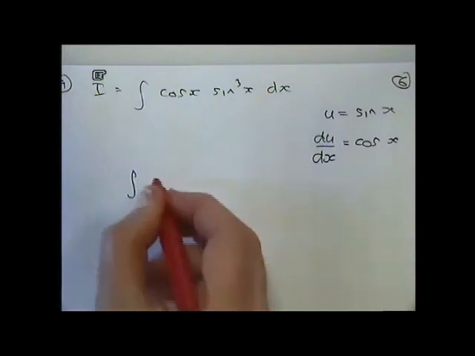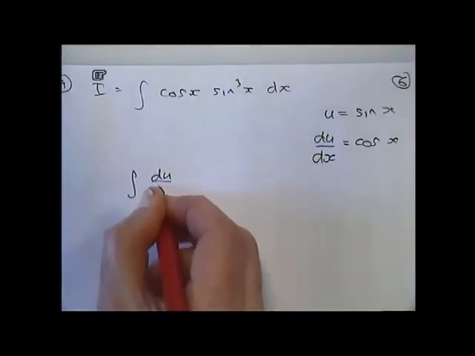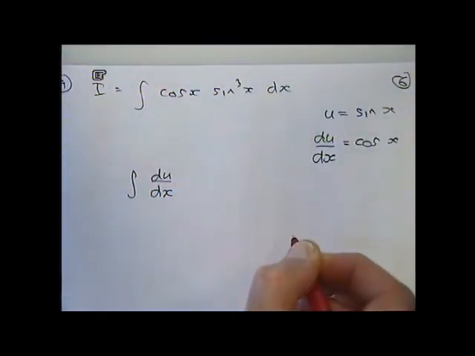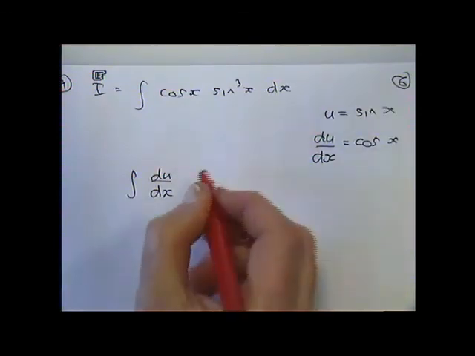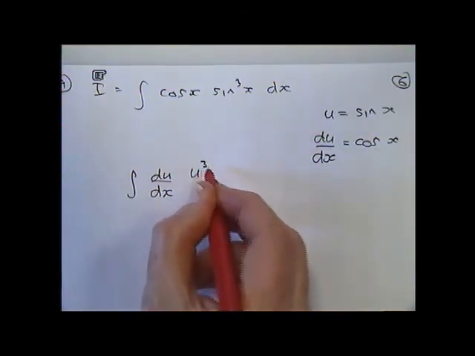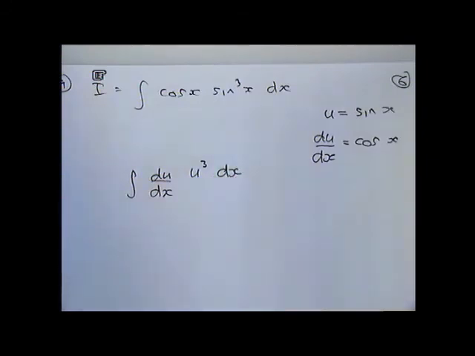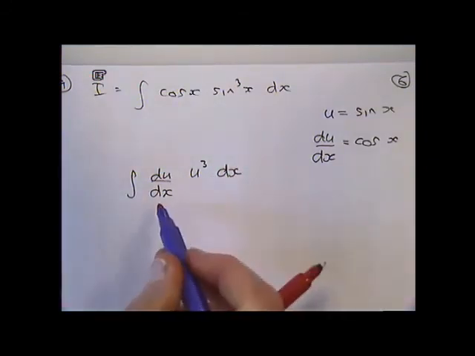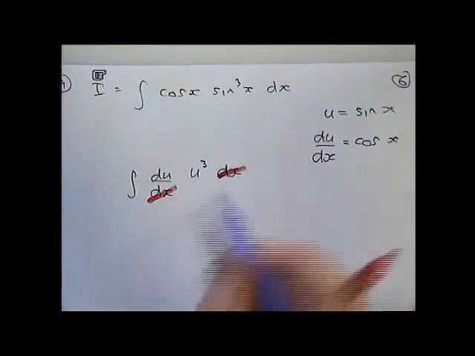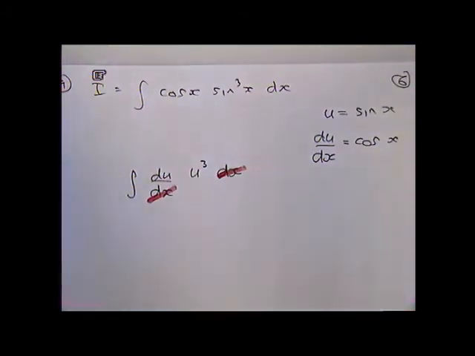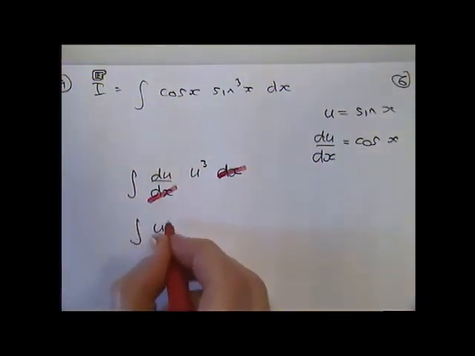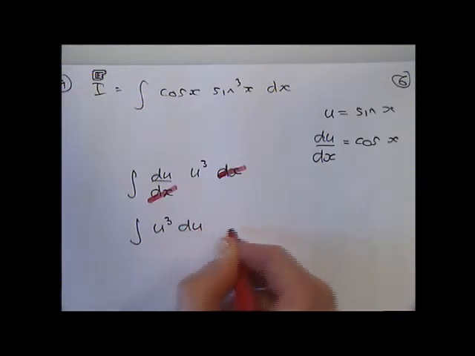Instead of writing cos x, you can write du dx. Instead of writing sine, you write u, but it's being cubed. Keep your dx there. But because you've got another dx down here on the bottom, they cancel out. So you're left with the integral of u cubed du.